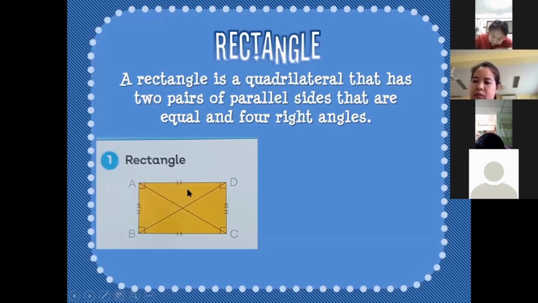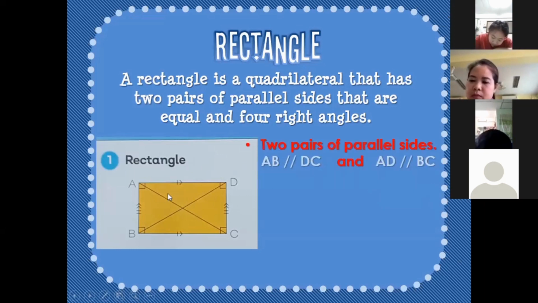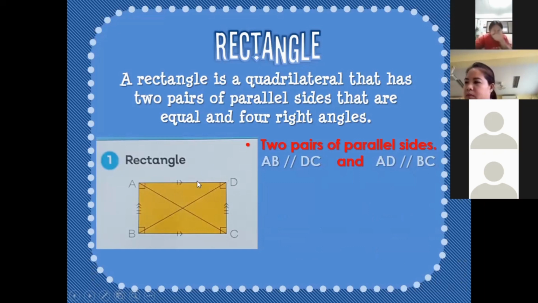As you can see in the picture, we have two pairs of parallel sides. Line segment AB is parallel to line segment DC, and AB and DC are equal. Line segment AD is parallel to line segment BC. Those are the two pairs of parallel sides.